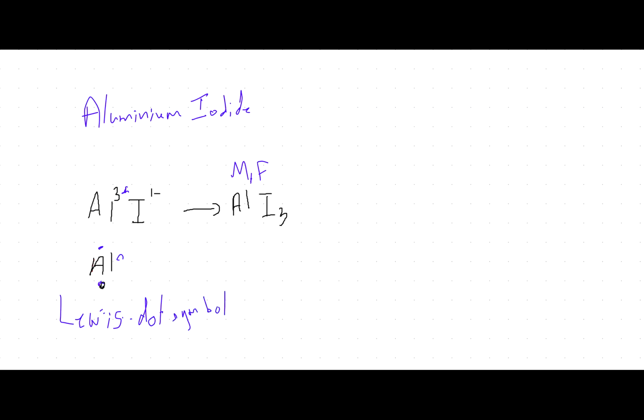The iodide is going to gain 1. Iodine, yeah. How much around it? It's going to gain only 1. It's okay, we gain only 1. But Lewis dot symbol is the symbol of the element, not the element. Symbol of element, please write it again. Symbol of element surrounded by valence electrons.